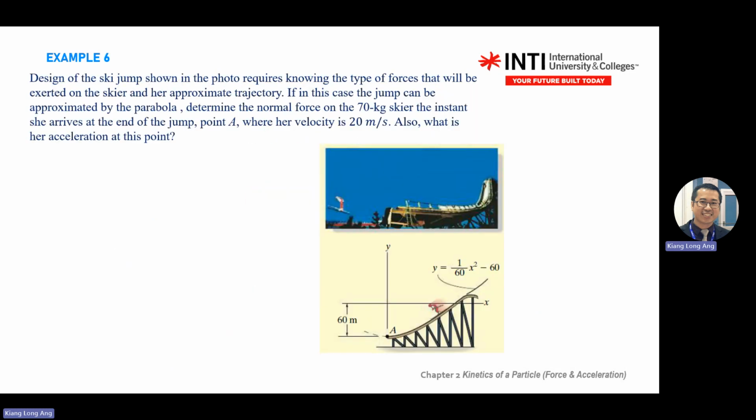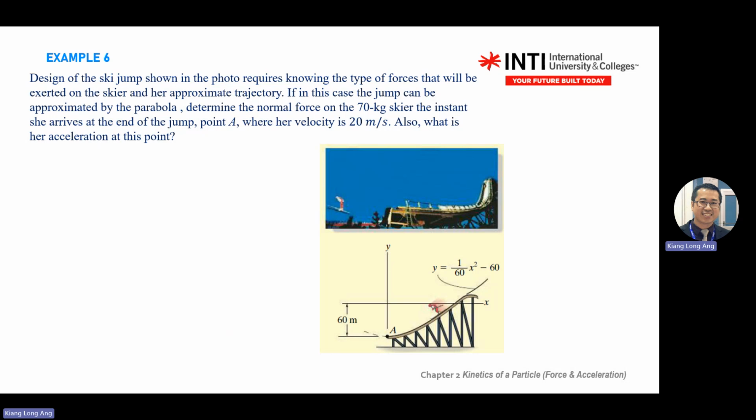So example 6 is a ski problem. A skier jumps from a curved surface, where y equals x squared minus 60, with a reference point from A of 60 meters. You need to design a ski jump, noting the type of force that will be exerted on a skier and an approximate trajectory.